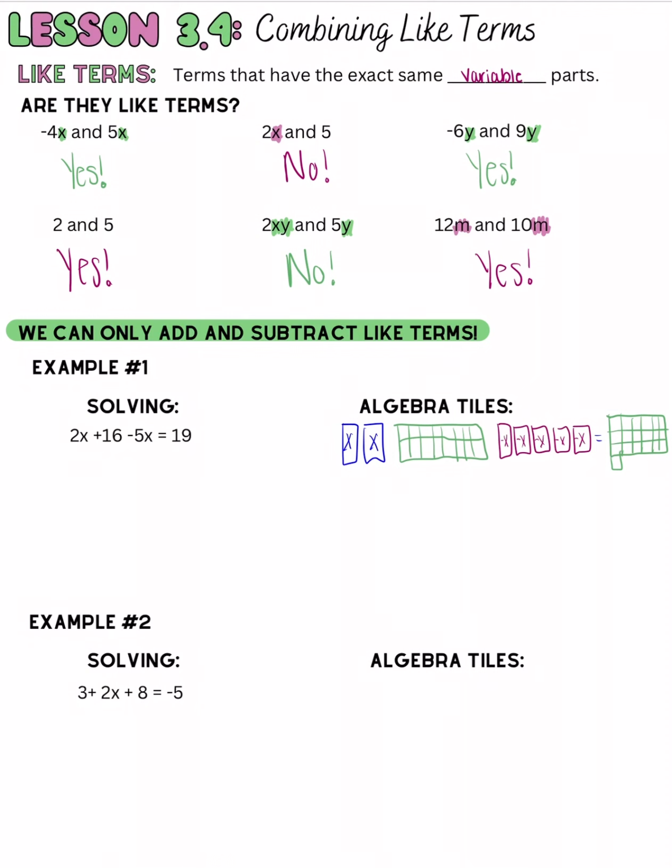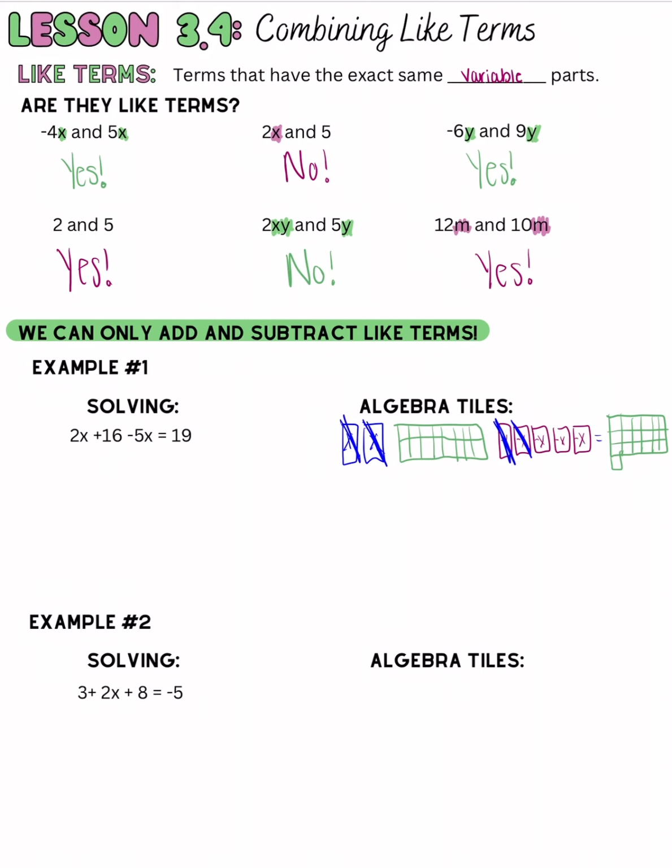If I look at that, I have some like terms here. I have the 2x and the negative 5x. Those are x's, so now we're just going to combine them. Remember, positives and negatives cancel each other out. So when I take a positive, one of the negatives goes away.